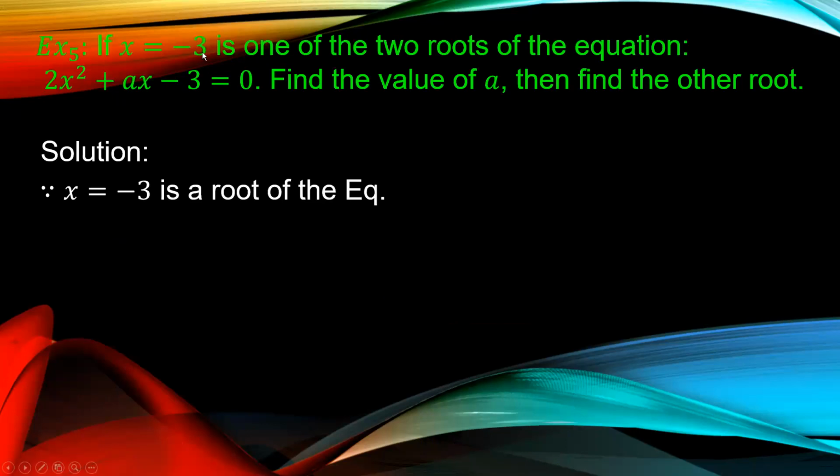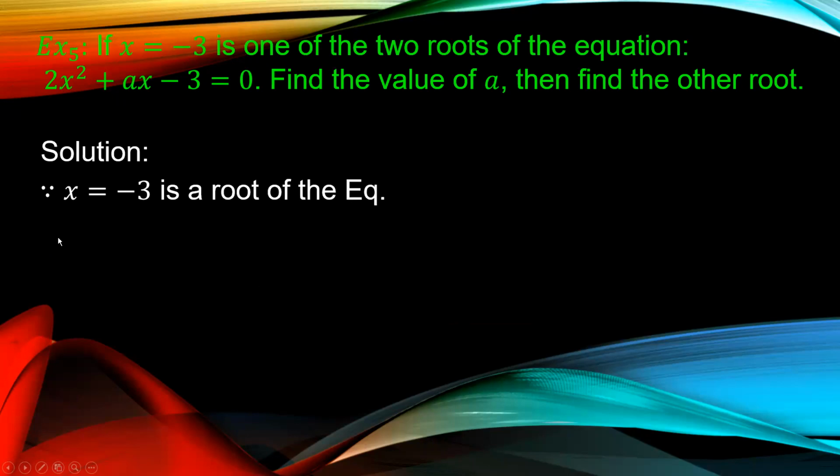Here, if x equals negative 3 is one of the two roots of the equation 2x power 2 plus ax minus 3 equals 0, find the value of a and find the other root. Here I have one root. This root is negative 3. I will substitute in the equation by negative 3.